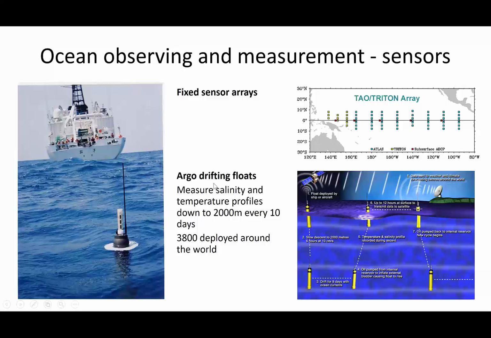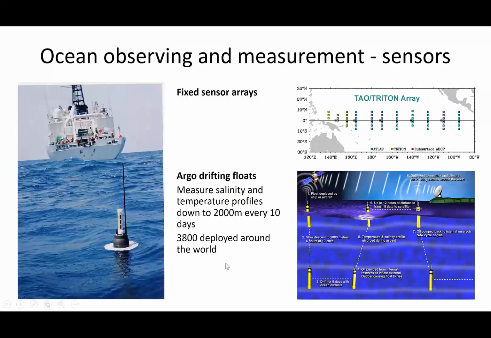Another method, this one's a little bit more recent, is the deployment of these Argo drifting floats. So these floats essentially drift around the ocean. There are almost 4,000 of these deployed around the ocean, and they just drift around on the ocean currents.